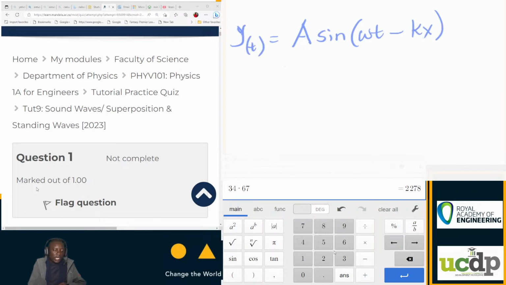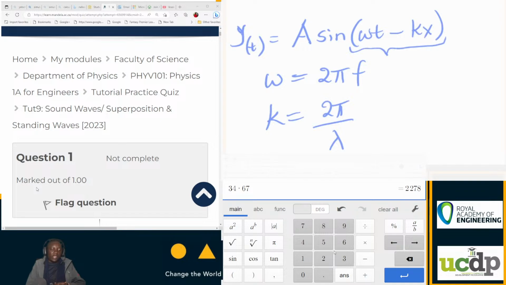Then you should recall omega is given by 2 pi times frequency, and k is characterized by 2 pi over lambda, right? So what we have in this phase is generally the angles, where omega t is the angular frequency multiplied by t, which gives us the angle.